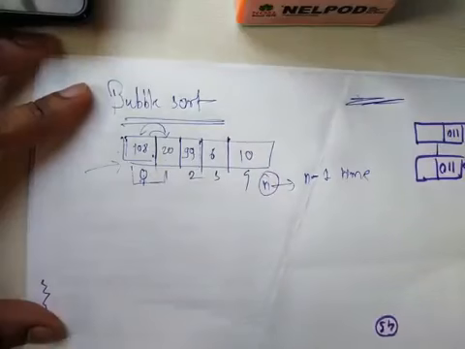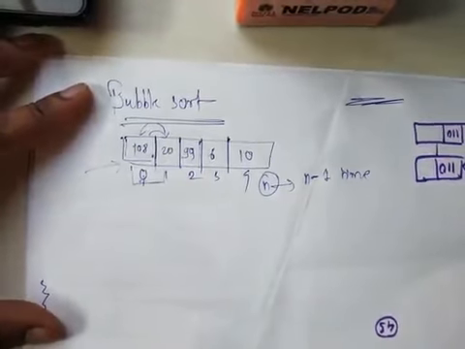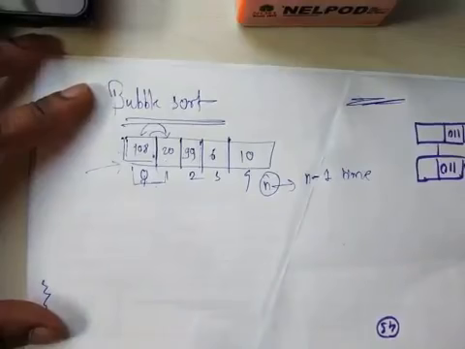It is known as bubble sort because with every completion of an iteration, the largest element in the given array bubbles up toward the last place.